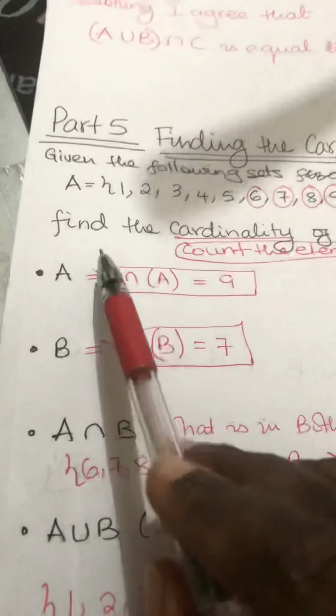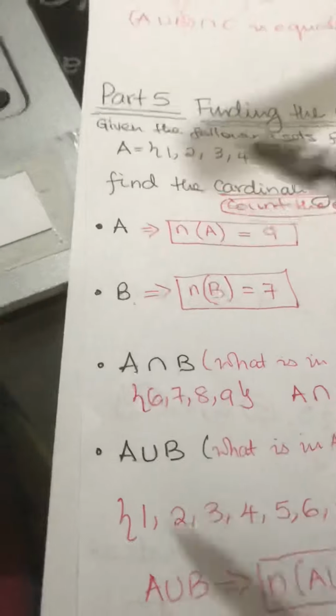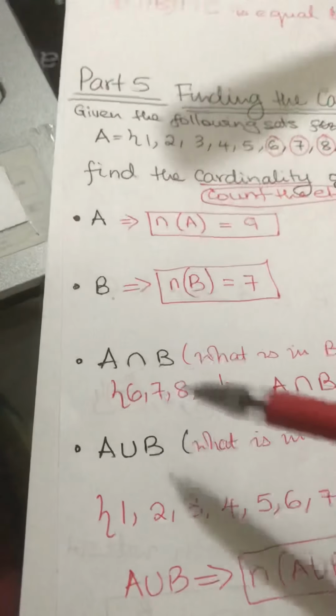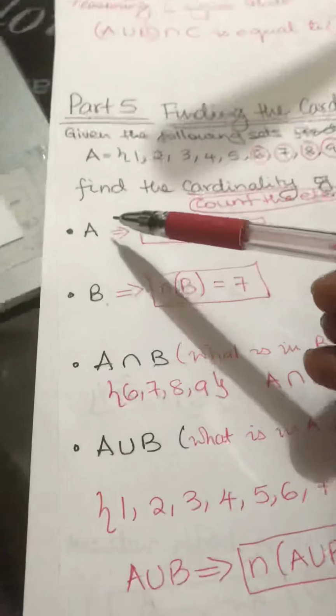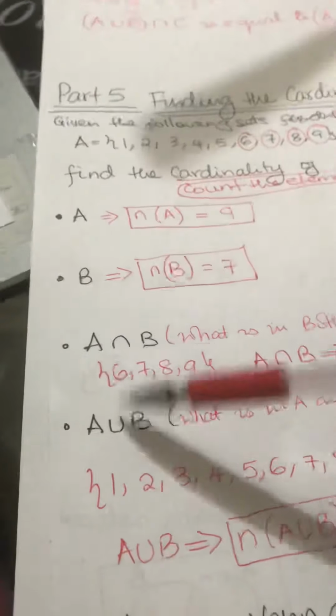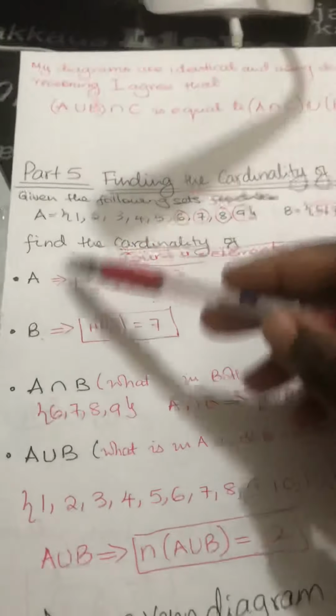A is this, B is this, and they told us to find the cardinality of A, the cardinality of B, the cardinality of A intersection B, and the cardinality of A union B. We have to answer 4 different parts of this question. They also told us to draw a Venn diagram representing this information.